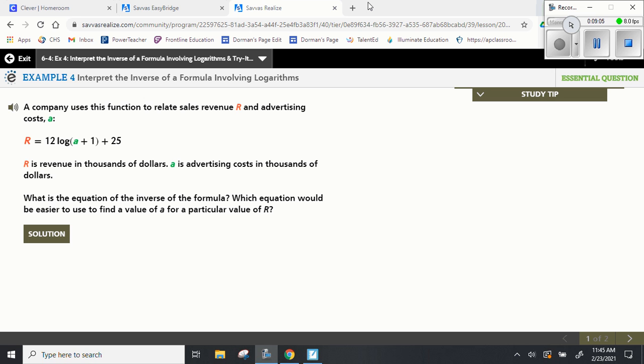We're being asked what is the equation of the inverse of the formula, and which equation would be easier to use to find a value of A for a particular value of R.